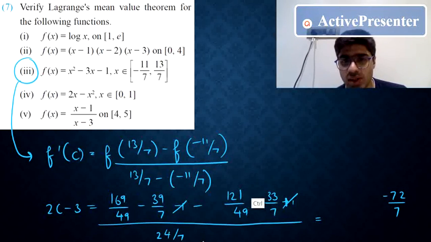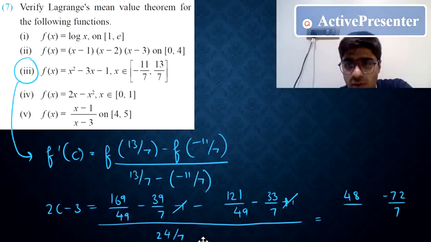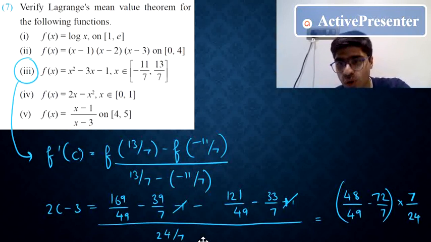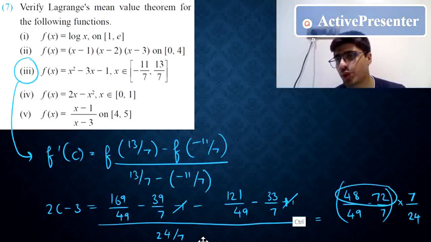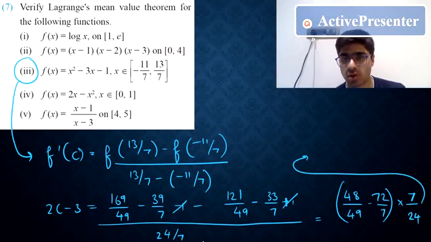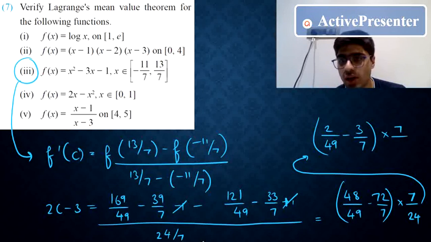And this number will be 169 minus 121, that's 48 upon 49, minus 72 upon 7, and divided by 24 by 7 means multiplied by 7 upon 24. You can pull out a 24 common from the two terms here, and that will leave you with 2 by 49 minus 3 by 7, the whole into 7 upon 24.